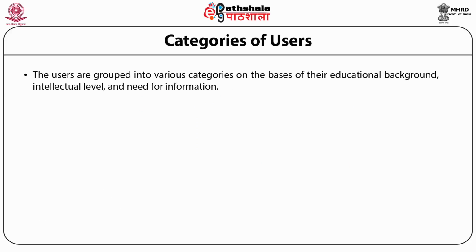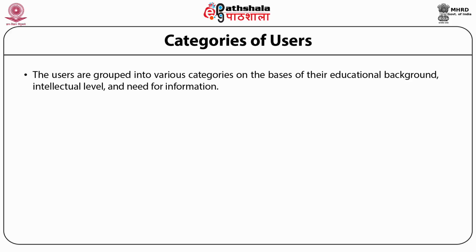Library users are grouped into various categories on the basis of their educational background, intellectual level, and need for information. The educational background of users certainly will put them in different groups: those who are undermatriculate, those who are undergraduates, or those who are postgraduates.